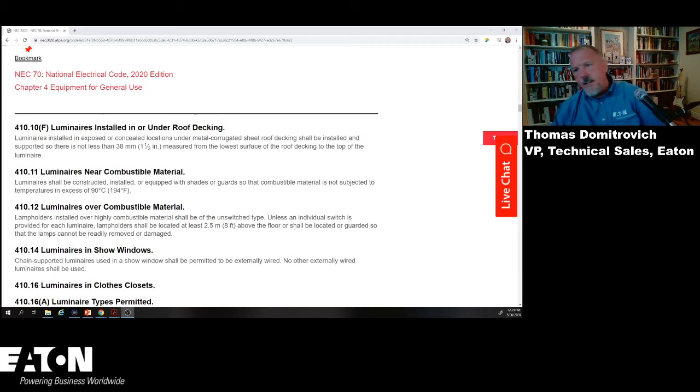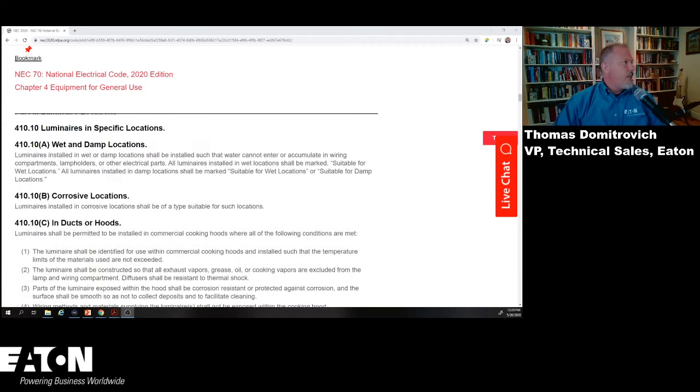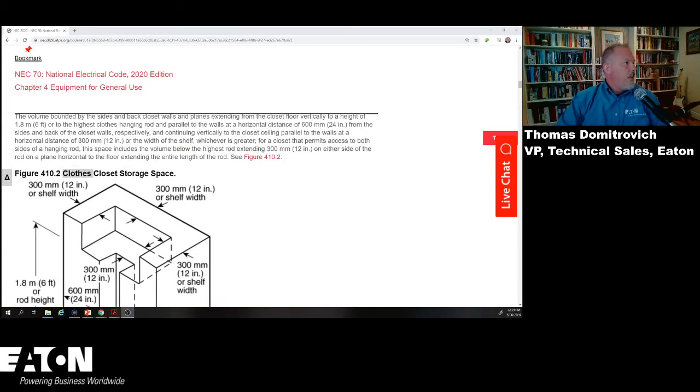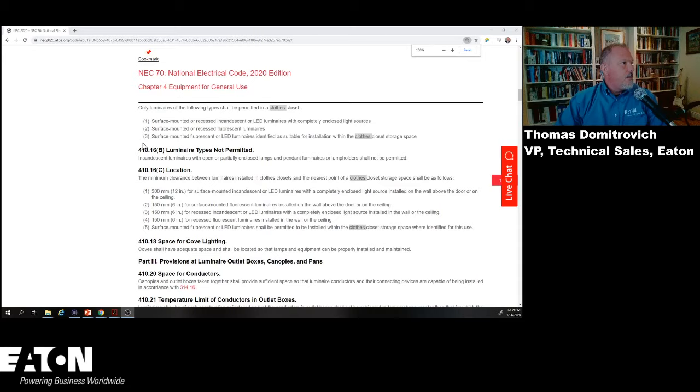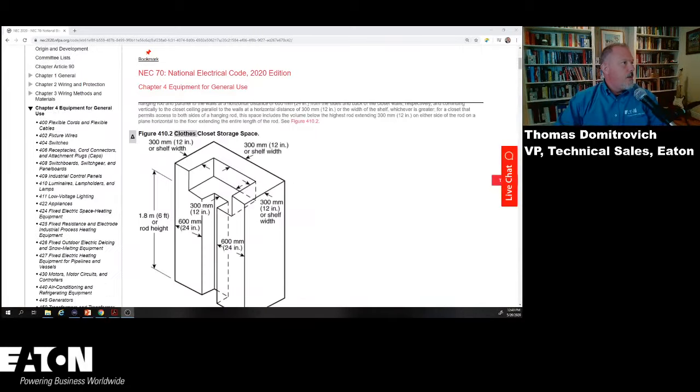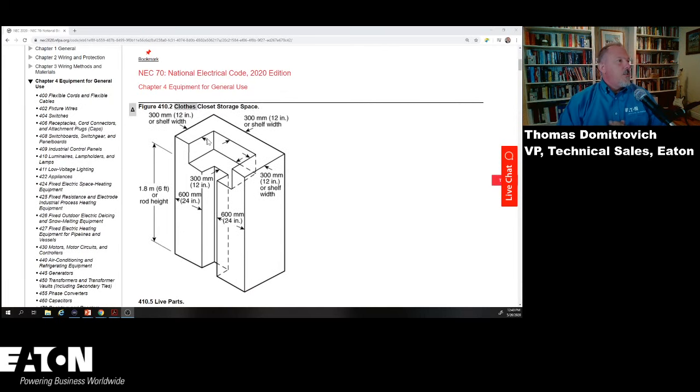So that's 410.11. We did mention 410.2 as well. So there's our image in 410.2. Hopefully that's all on the screen. So we have some good closed closet storage space. Now, we did make a change in the 2020 code cycle that 410.2 went to say closed closet storage space.